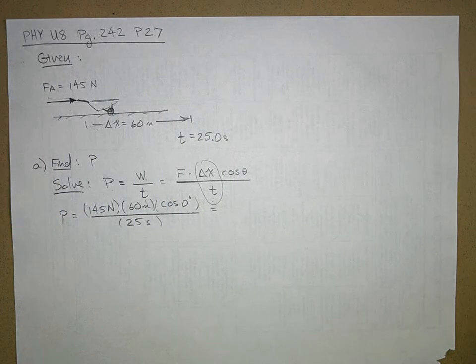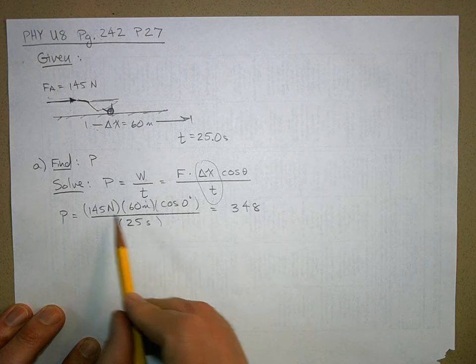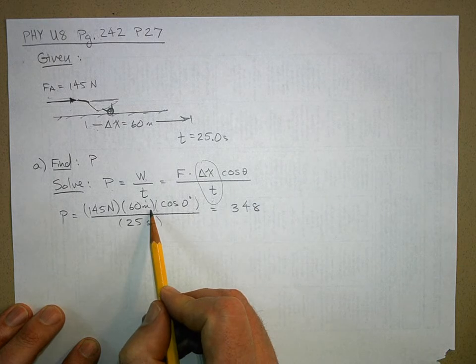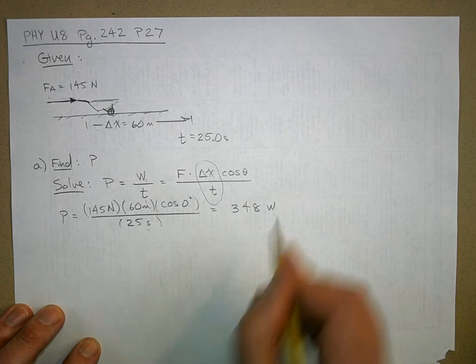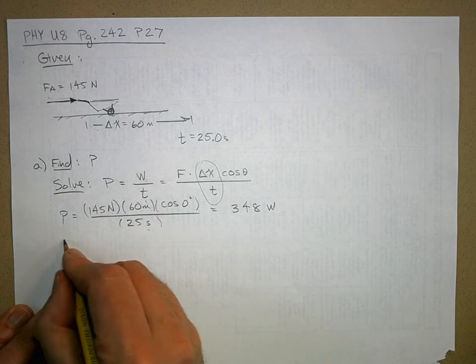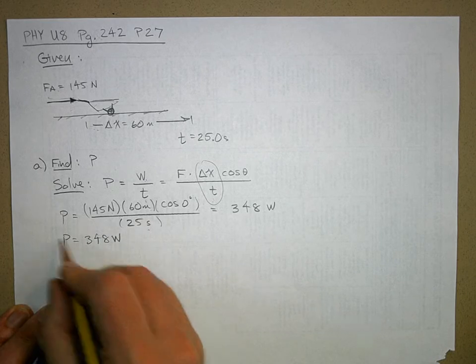And when you plug all that into a calculator, oh, somebody borrowed my calculator. But I do believe when you do that, you get 348. And a Newton meter is a joule, and a joule divided by a second is a watt. So the power equals 348 watts.